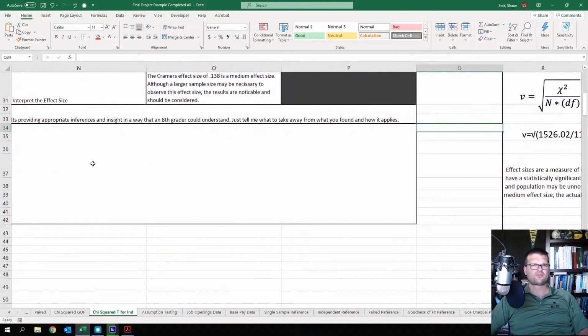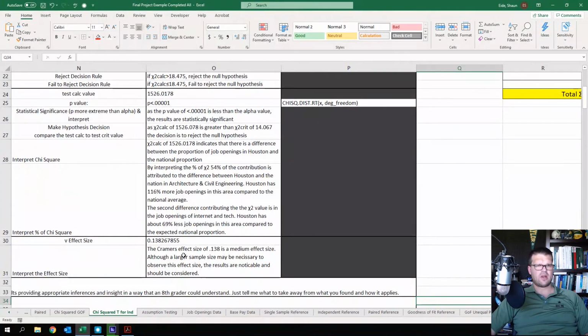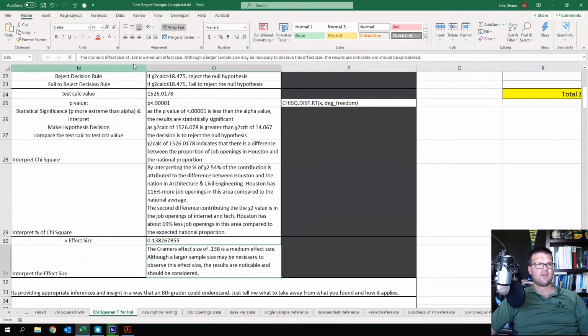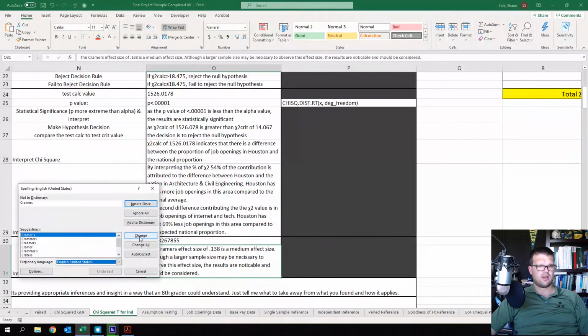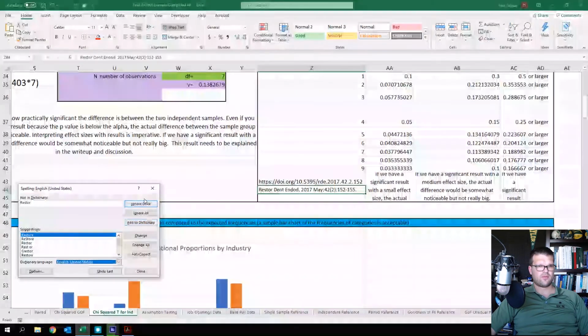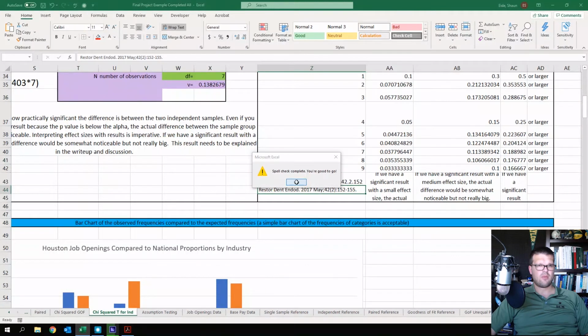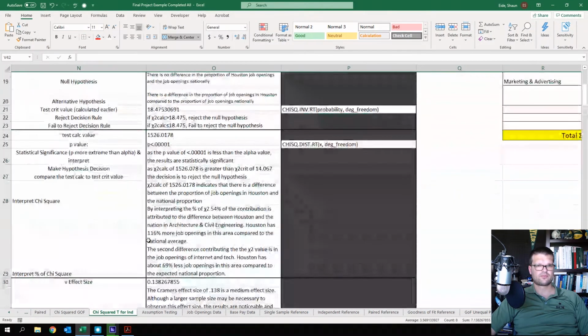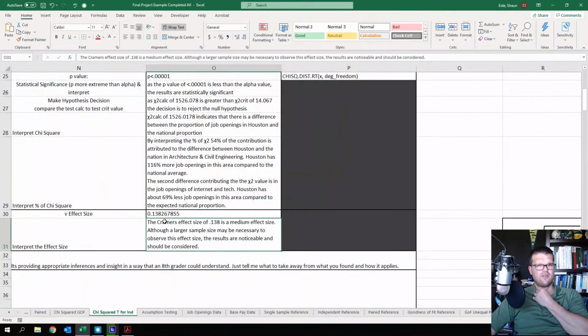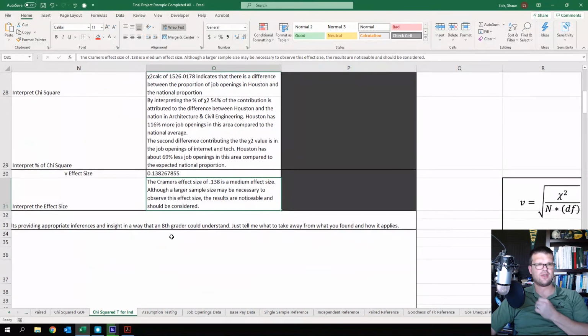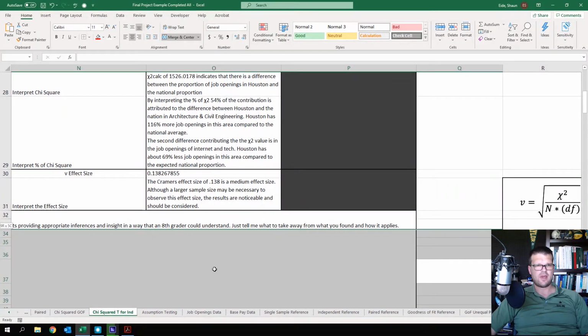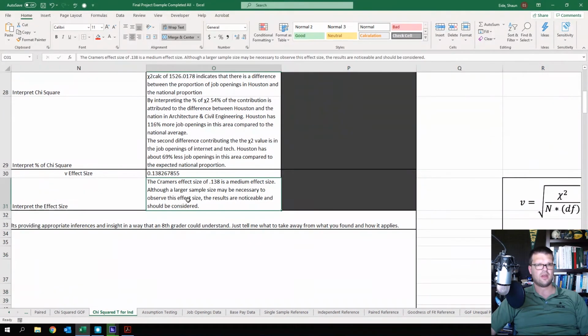So Cramer's V effect size of 0.138 is a medium effect size, although a larger sample may be necessary to observe the effect size. The results are noticeable and should be considered. Okay, so that is basically how you write the medium effect size.